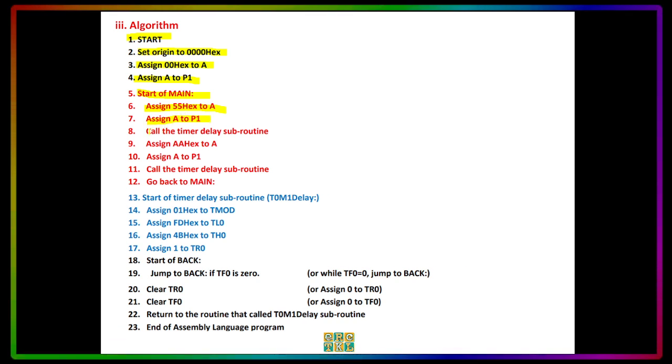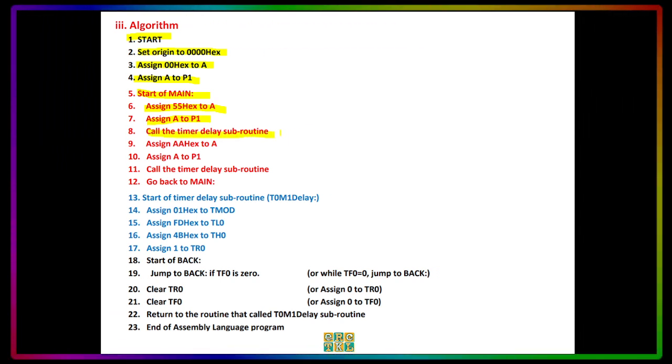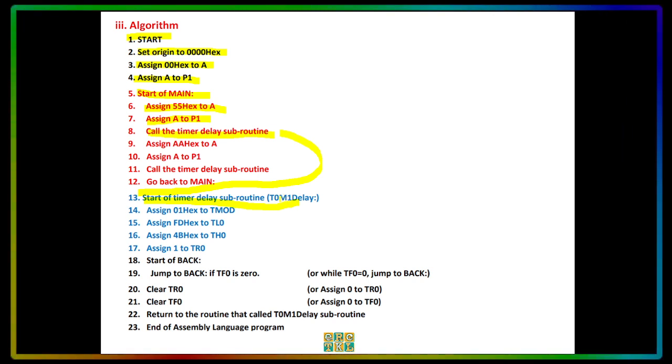And then we will call the timer delay subroutine. And after line number 8, of course, it will go to line number 13, which is the start of the timer delay. And we will just make it similar to the C language delay that we used before, which is T0M1 delay. But we will put colon in the assembly language later on.